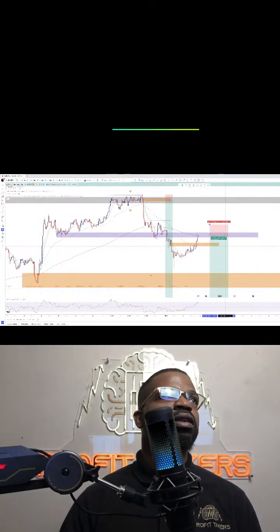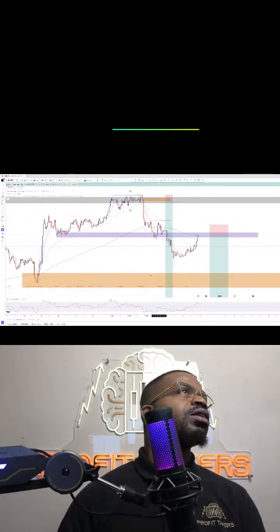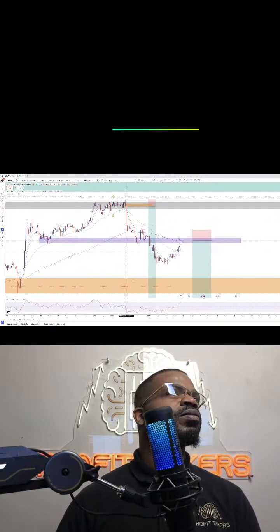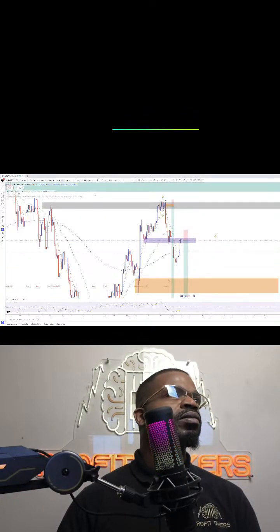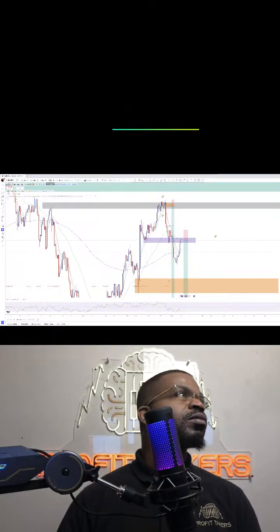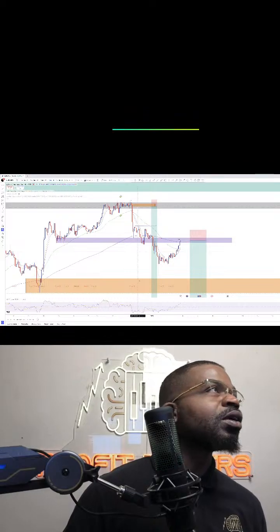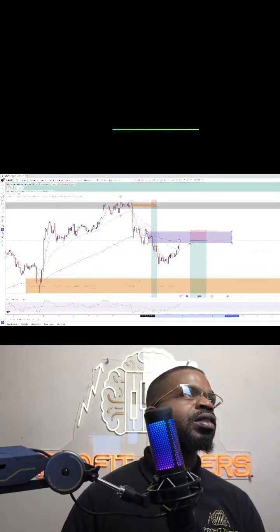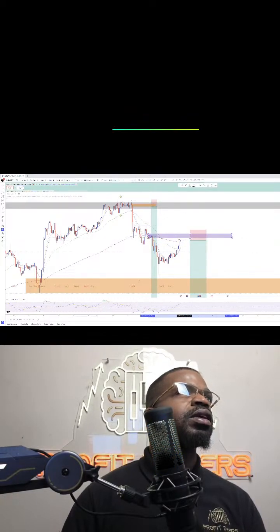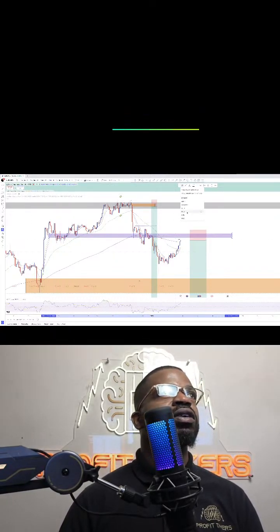So we got Euro JPY at one of the levels that we were taking a look at. Okay, I see that. Let's see what happens right here once price retests this level of structure.